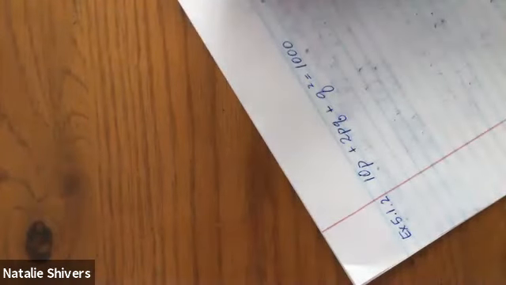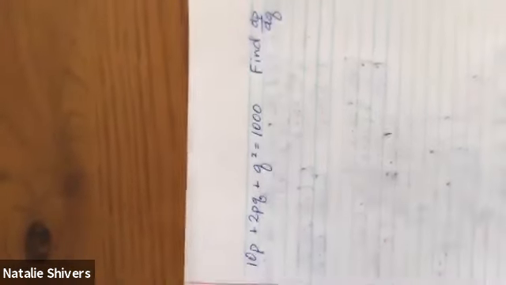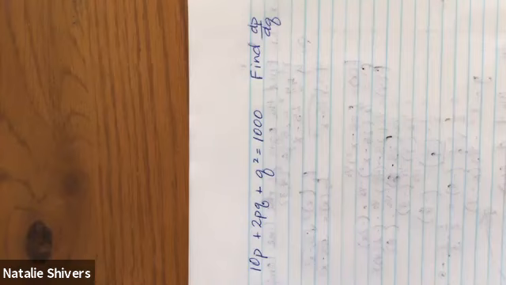Okay, and it's going to ask us to find dp/dq. So a lot of what we're going to do is going to be finding dy/dx or dp/dq. We'll occasionally find a few others, but a lot of dy/dx, dp/dq, that's how we're going to do it.